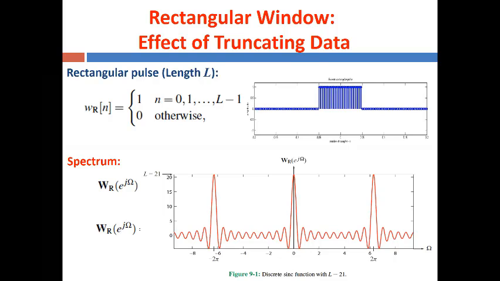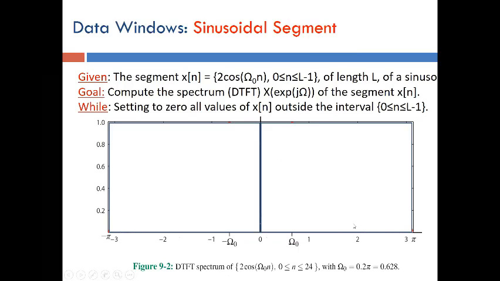Now, why does this matter? If I take a nice signal and I want to look at its spectrum, I grab off L samples of it, take its discrete time Fourier transform, I'm not going to see the spectrum of just the original signal, but that original signal convolved with this sinc-like thing. And so if you think of a perfect cosine, 2 cosine omega 0 n, that should have a discrete time Fourier transform, if it was a forever cosine, if it didn't turn on and off, if it was just on forever, I should see 2 impulses.